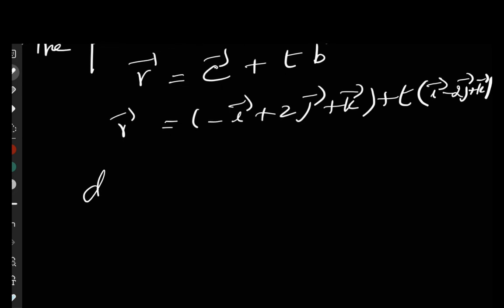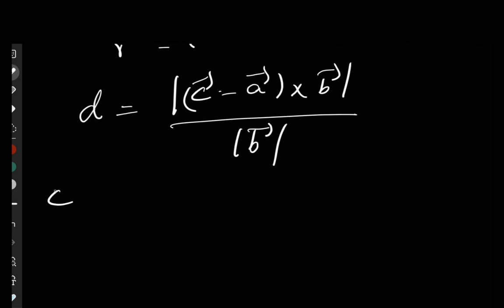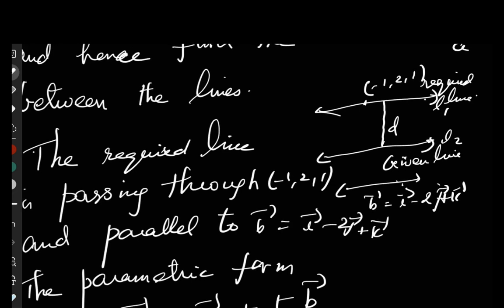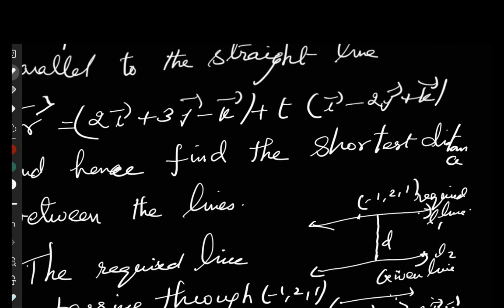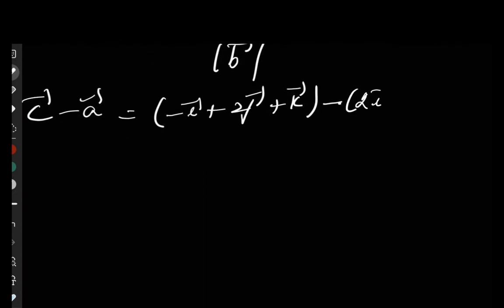The formula given for you is: distance is modulus of C minus A cross vector B, divided by modulus of vector B. So what is C minus A? Vector C is the given point minus i plus 2j plus k, minus vector A, which is a point on the given line, 2i plus 3j minus k.